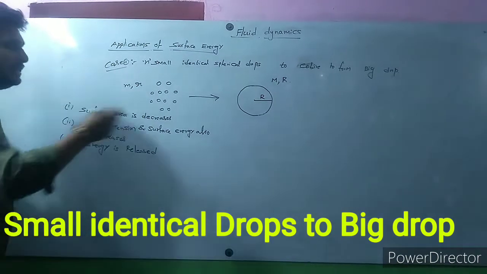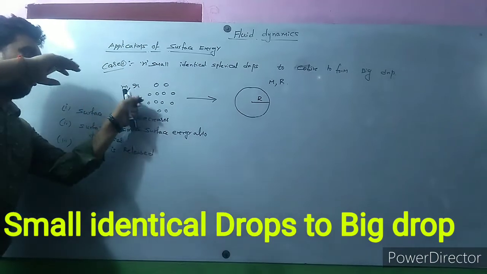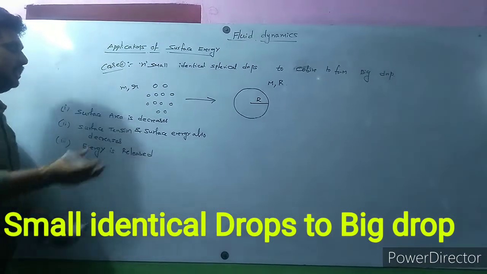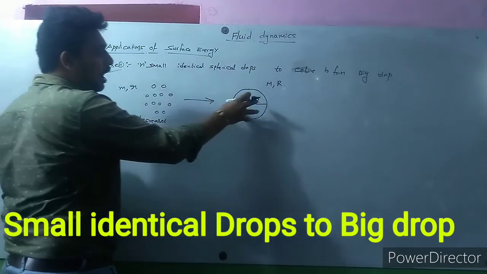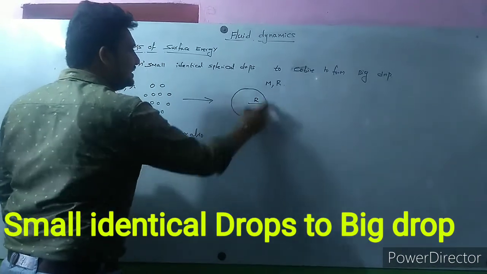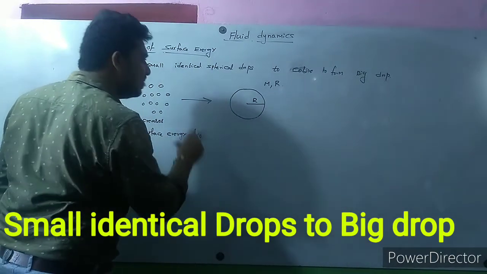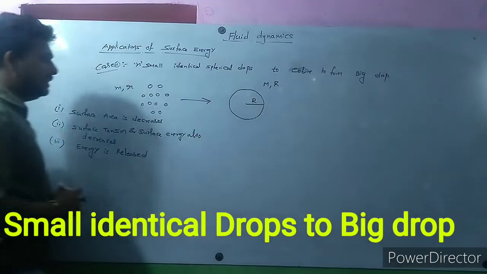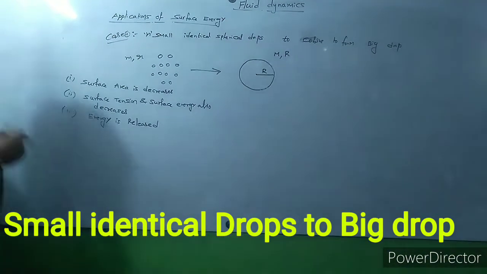Here energy is released. Small drops forming a big drop means that small drops have more surfaces, that's why surface energy is more there. To form a big drop means only a single surface, that's why surface area decreases, surface energy also decreases and surface tension also decreases.